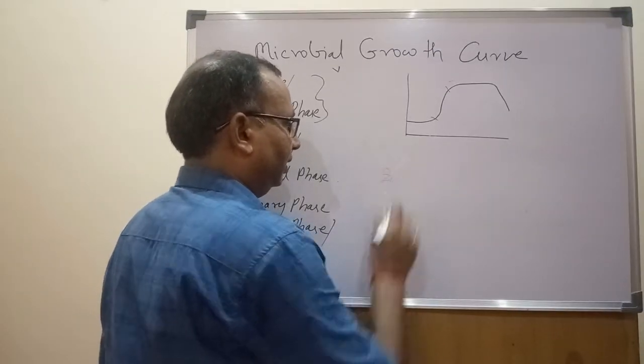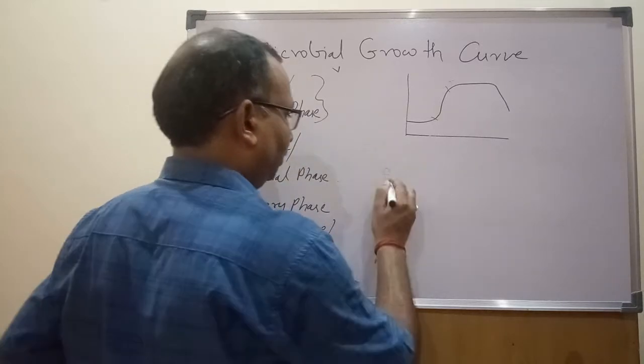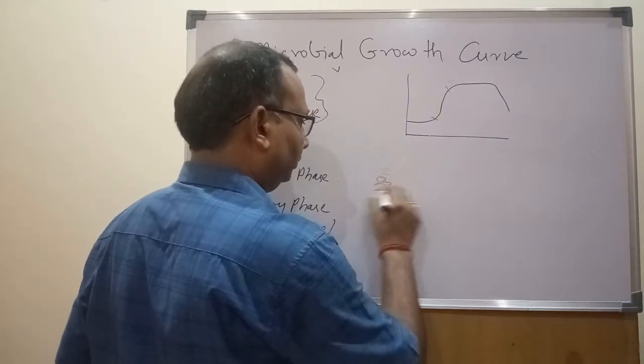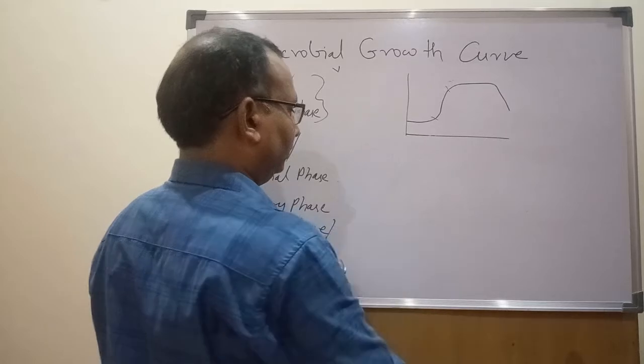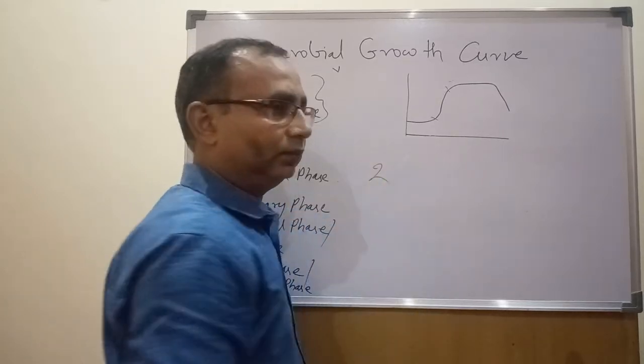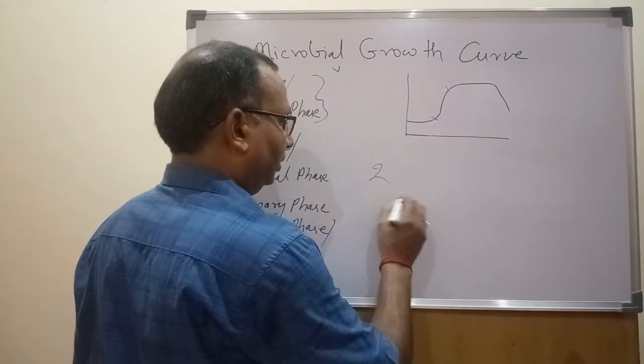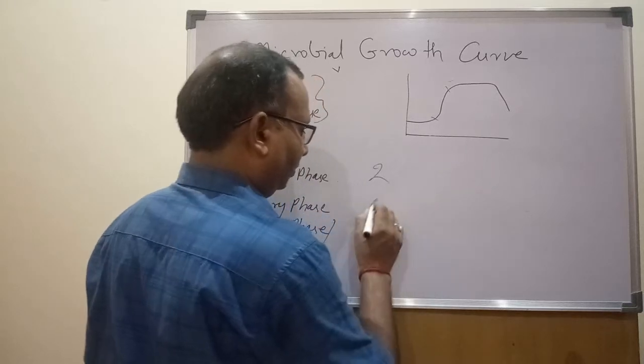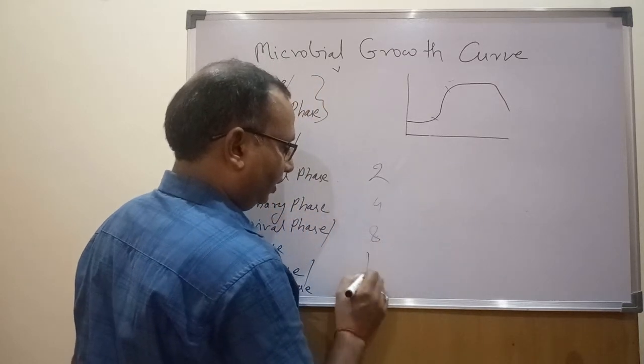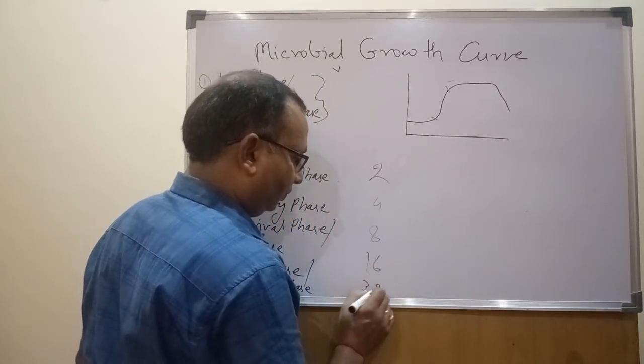Initially, say it is 2, then it becomes 4, 8, 16, 32.